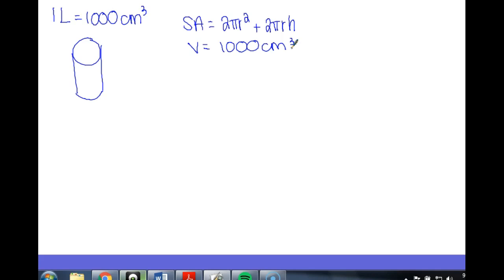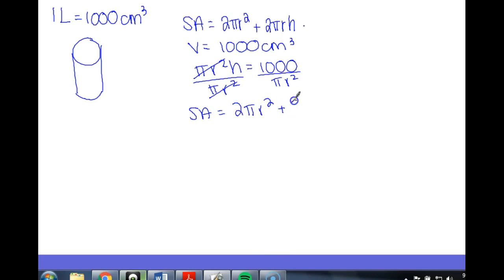So pi r squared h. And then we want to get surface area in terms of one variable. So let's solve for h. So surface area is 2 pi r squared plus 2 pi r, and then instead of h, 1,000 over pi r squared.